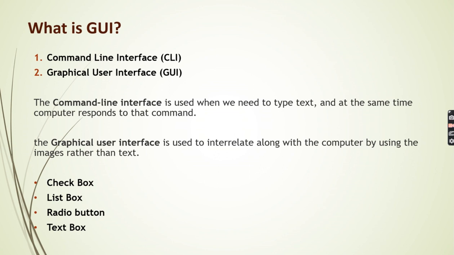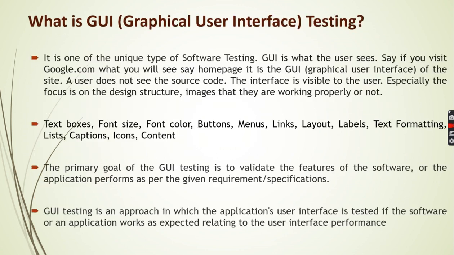Now we will move to our main point of discussion, which is GUI testing. What is GUI testing? GUI testing is a unique type of testing that is frequently used to check the graphical user interface features of an application or software.